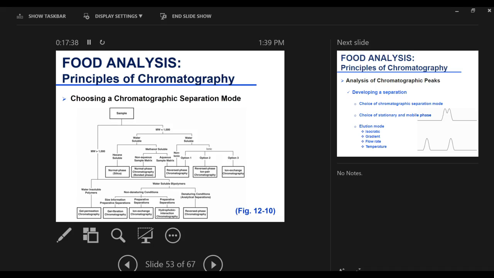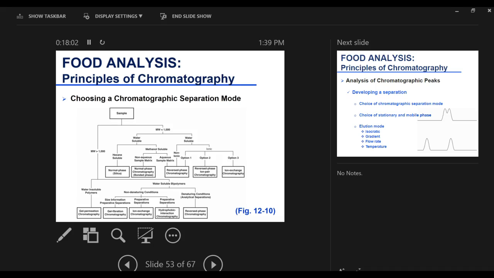You can separate them with reverse phase ion pair, where you block the ion and they become interacting via nonpolar interaction. Or you can separate them by ion exchange. So you can see that the same molecules can be separated by different modes of separation. Okay? So there might be multiple answers that are correct.